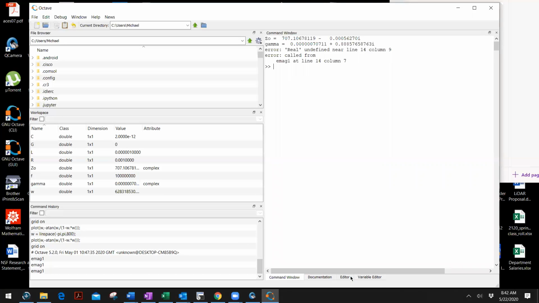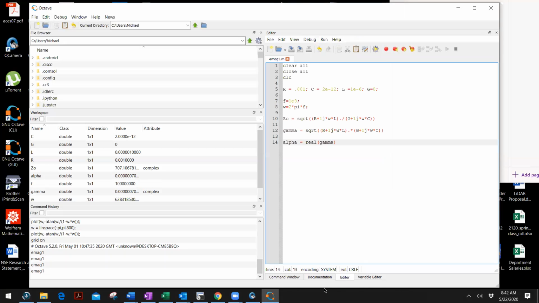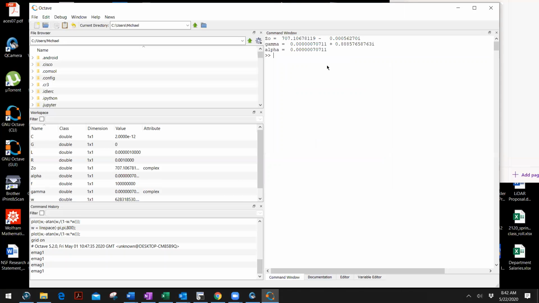There are slight differences with Octave, and this might just be re. Oh, real. That's probably what it is. So that's alpha, and you can just see it's the real part of gamma. Y'all with me so far?